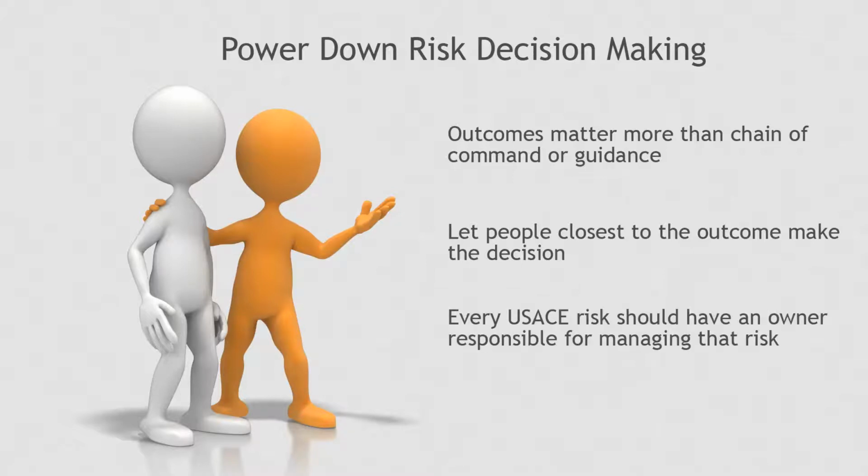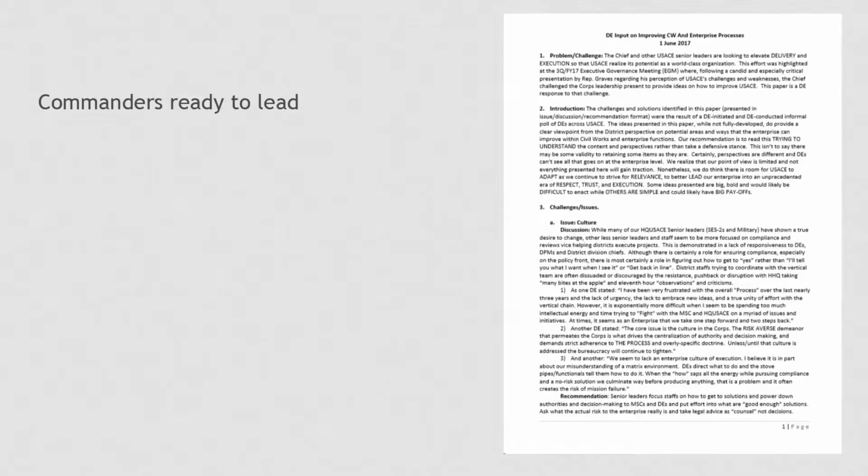Every risk the U.S. Army Corps of Engineers faces has or should have an owner who is responsible for actively managing that risk. You have district and MSC commanders who are ready to lead, as evidenced by the 1 June 2017 memo describing district engineer input on improving civil works and enterprise processes.